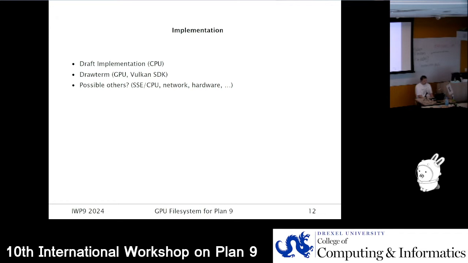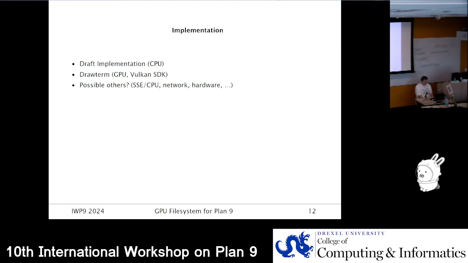And that's why I started the drawtime implementation. It's using an actual GPU, using the Vulkan SDK. And I want to use it to verify and refine the file system interfaces and fix issues and also get nice images. And then at that point, we will also hopefully have something that just works, so we can use a GPU in Plan 9 software.